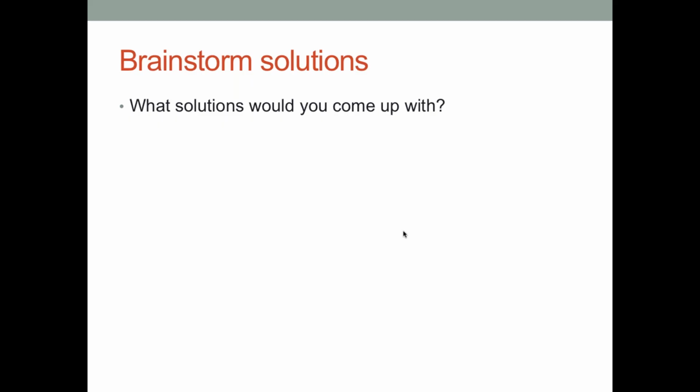And so the basic rule for brainstorming is that anything goes. So it doesn't matter what you come up with, it all goes on the table and it all gets written out.